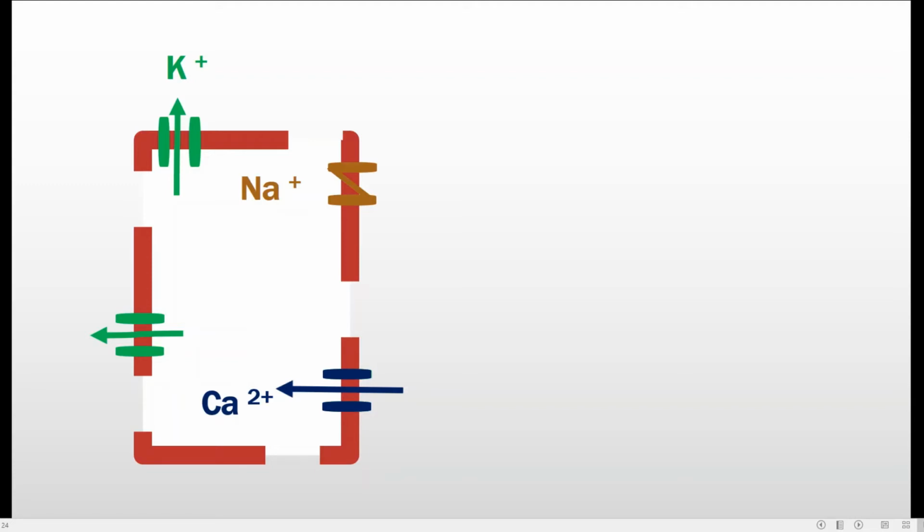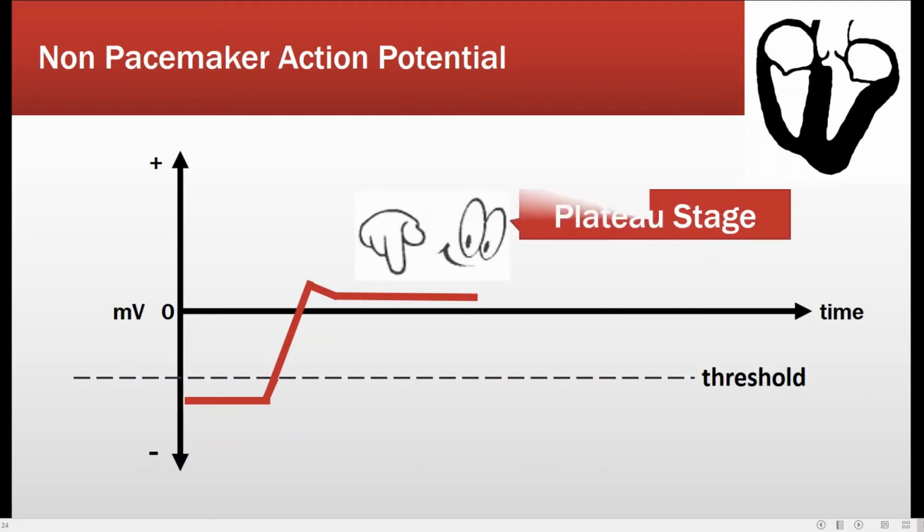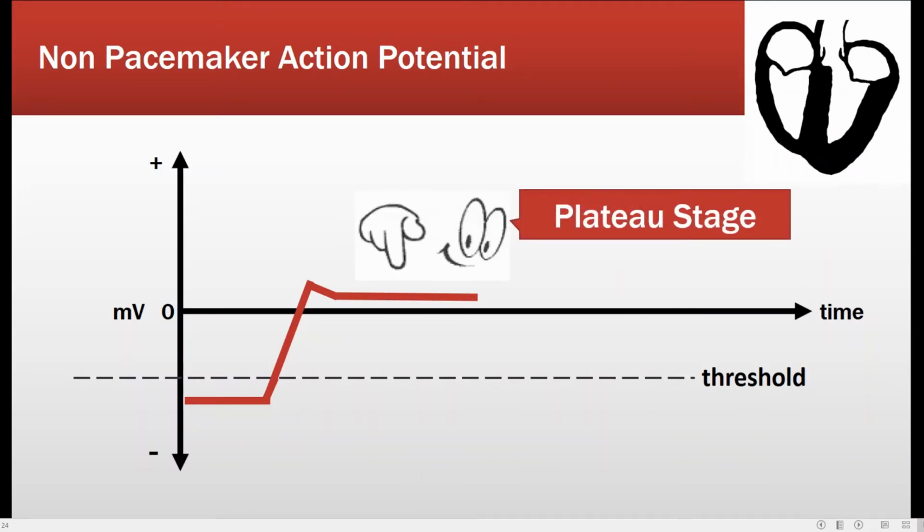So there are ions going in and ions going out of your cell, which makes your graph become straight. This stage is called your plateau stage. Remember the types of land formation: a plateau is like a mountain, but it is flat on top. That's why this stage is called that.